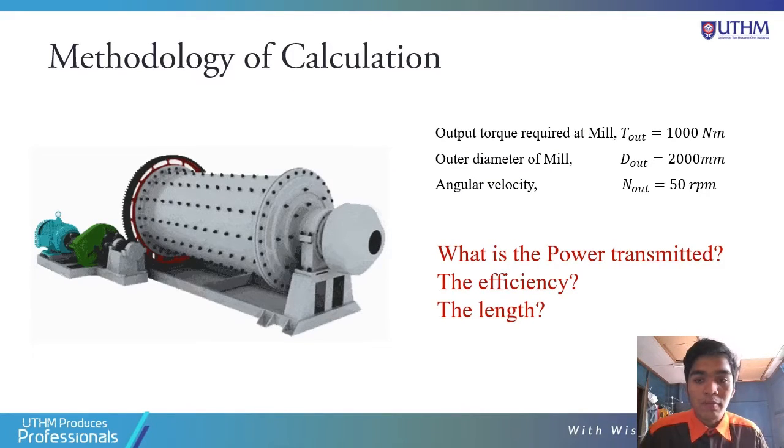First of all, from the task being given, we have output torque required at mill, which is 1000 Newton meter, outer diameter of mill 2000 millimeter, and the angular velocity, which is 15 RPM. So I will separate my answer to find the power transmitted, the efficiency, and the length.